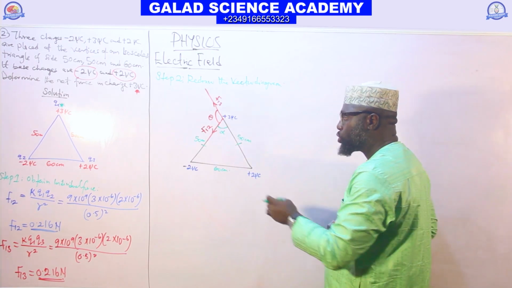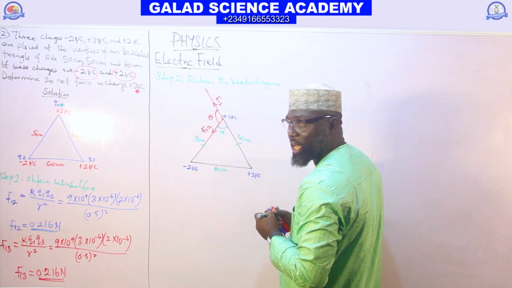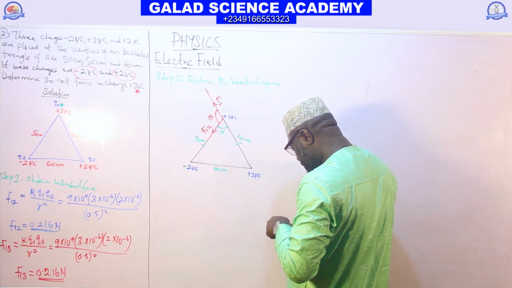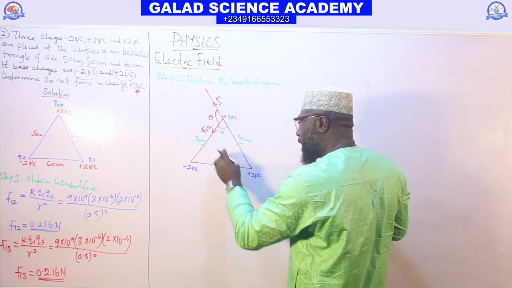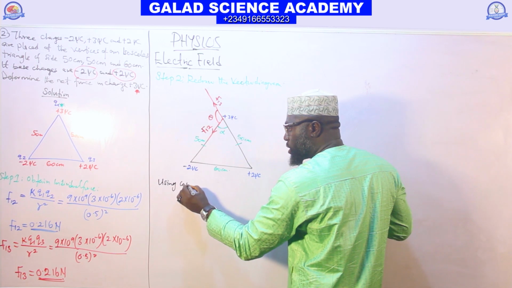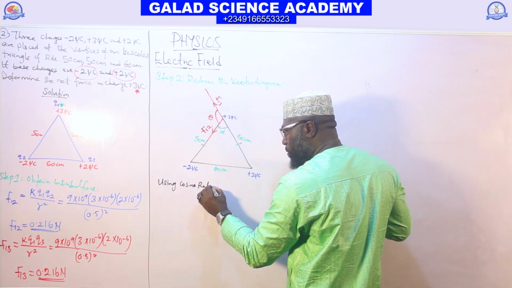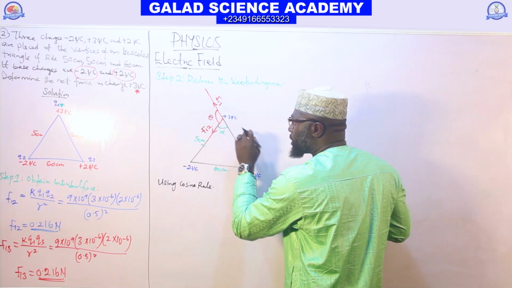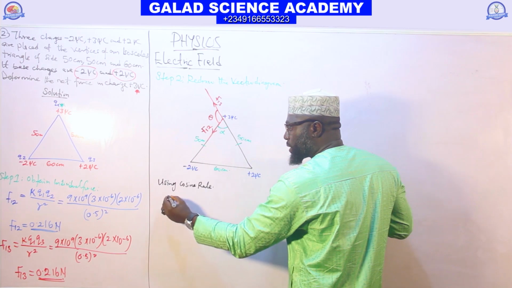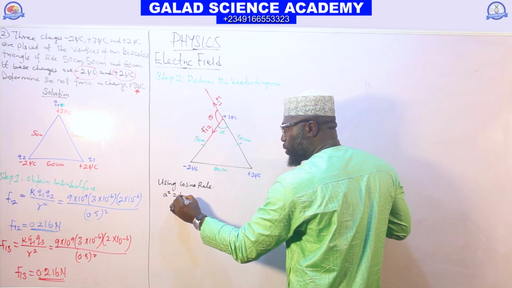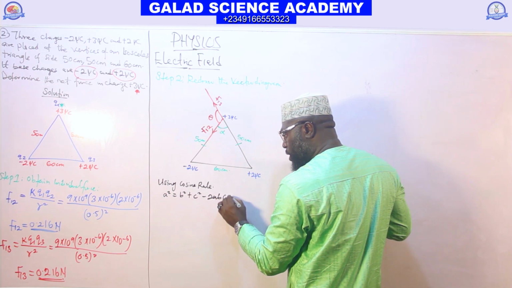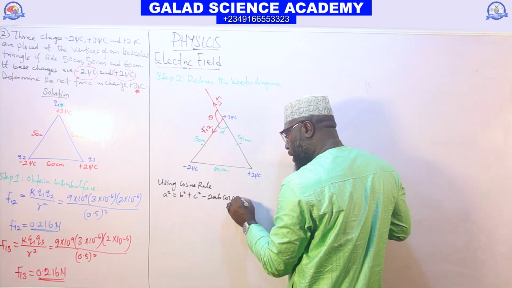To find this angle, I can use the cosine rule, which says that A squared equals B squared plus C squared minus 2BC cos alpha.